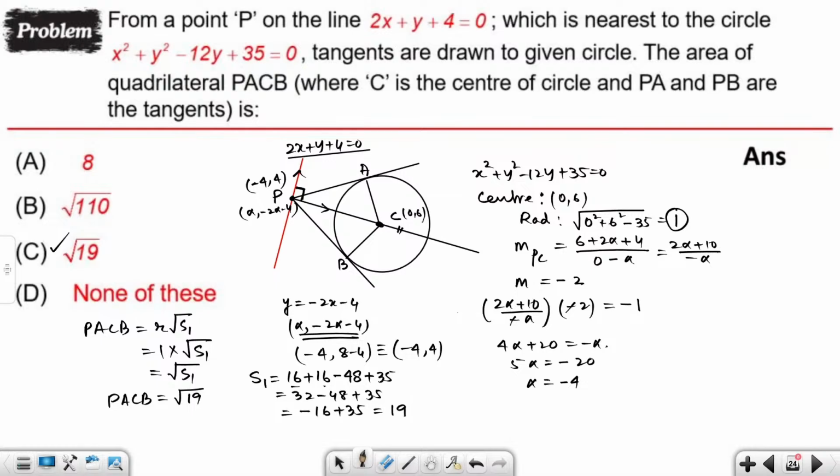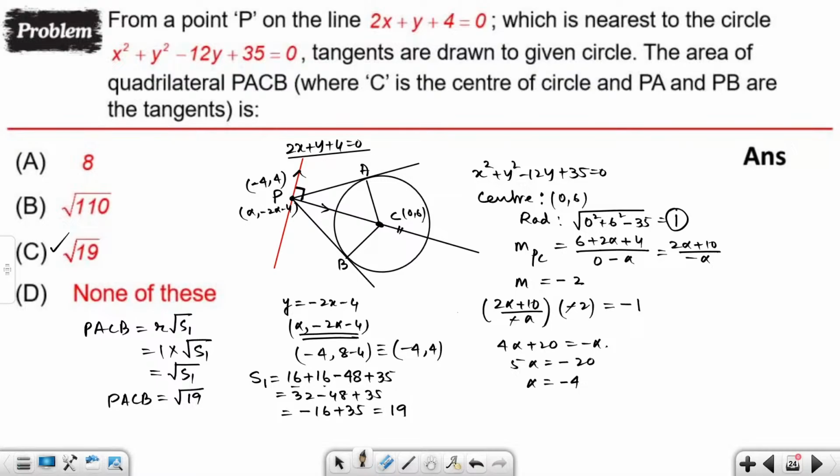Have you understood? If you remember the formula, how easily you can solve a problem. Directly use that property, because several times in JEE Mains, questions based on the area of this quadrilateral came. That is why I told you to remember this as a formula: R root S1.